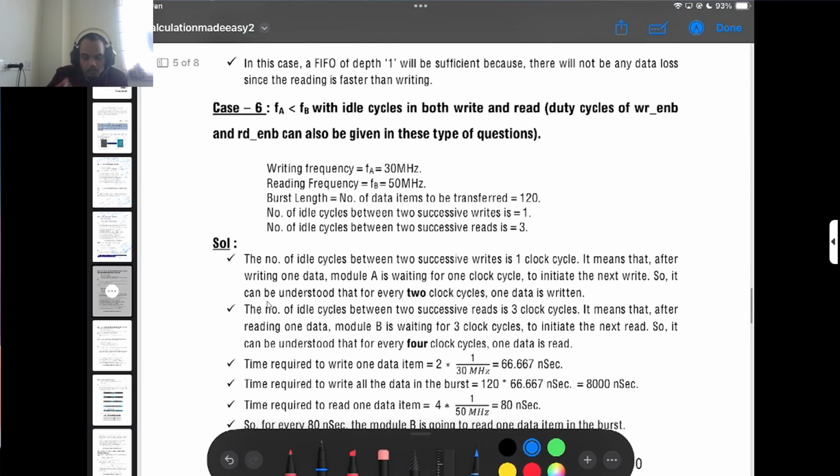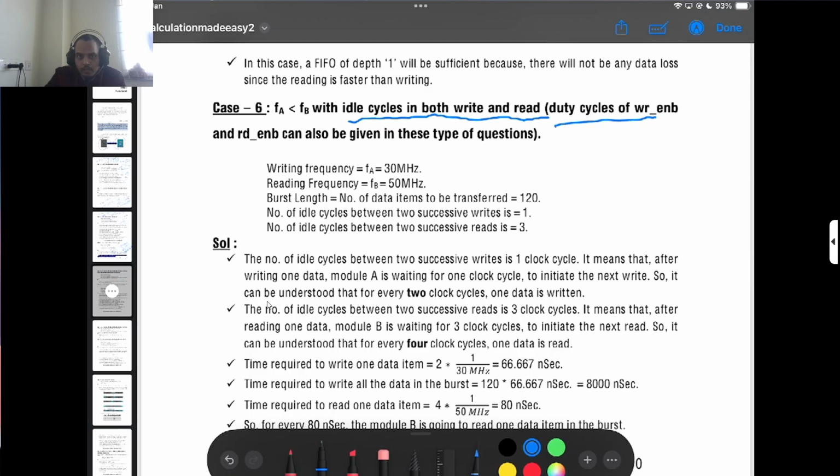Now case number 6. FA less than FB with idle cycles in both write and read. So again another condition: my module A frequency is less compared to module B, with idle cycles in both write and read.